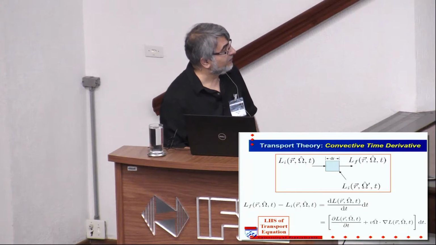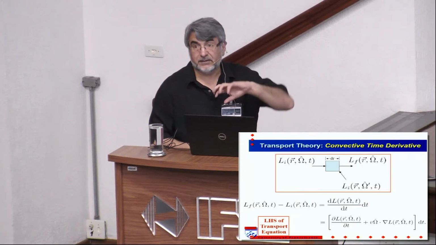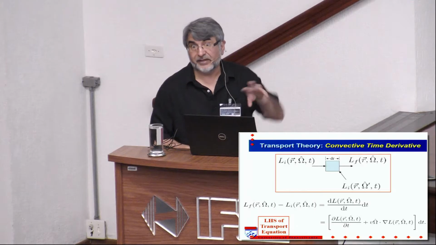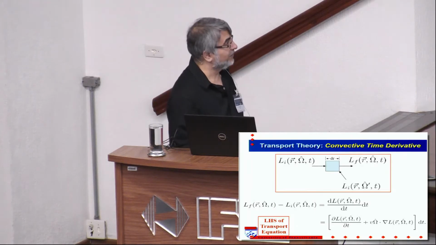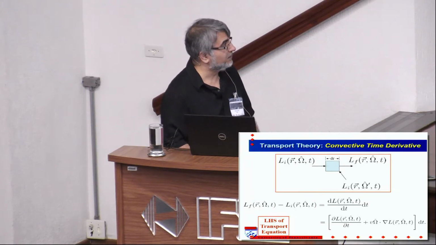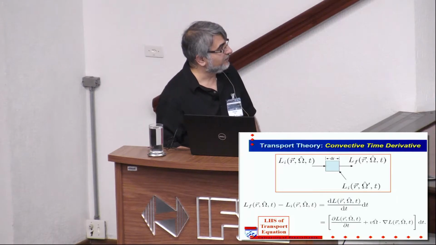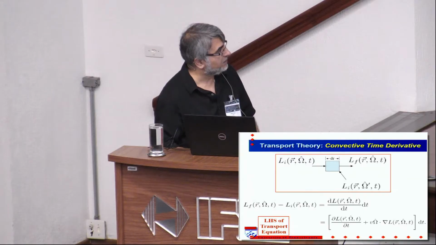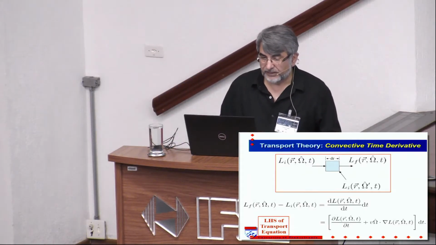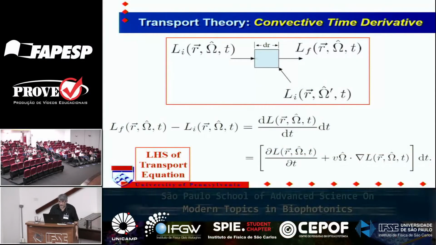Now, the time derivative you have to be a little more careful with, because the radiance is a flowing thing. So you have to use a convective derivative, not just a direct derivative. That involves the gradient of the radiance as well as the time dependence of the radiance. Okay, so that's the left-hand side of the equation.